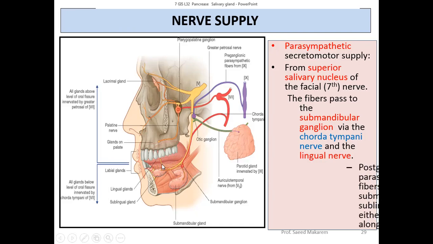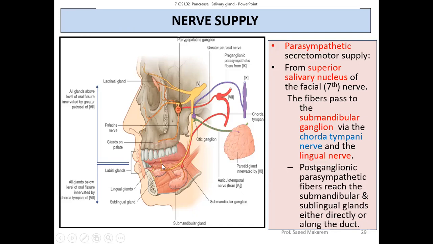The postganglionic fibers, they will relay here in the submandibular ganglion. The postganglionic fibers will reach both the sublingual and submandibular glands, either directly or along the duct. Here they relay, and the postganglionic fibers will go to both the submandibular as well as the sublingual gland.